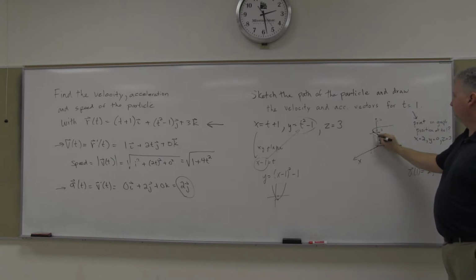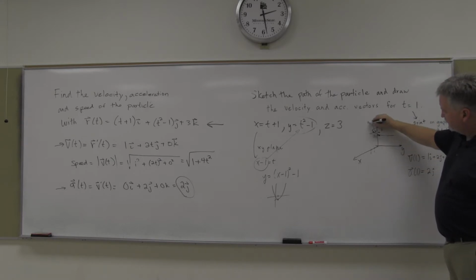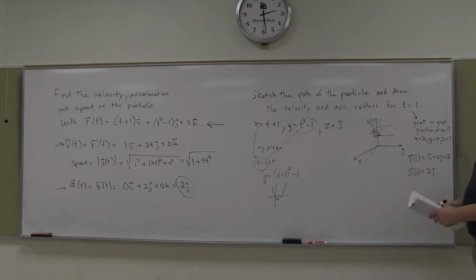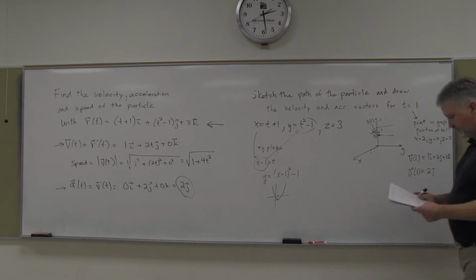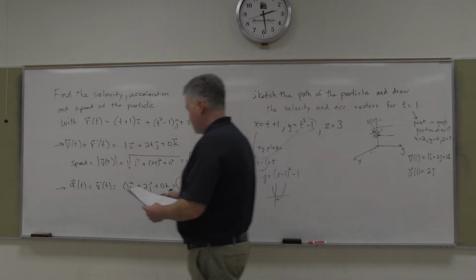So this is your V at 1, and that would be your A at 1. Any questions about that one?